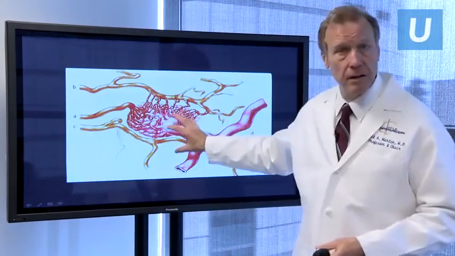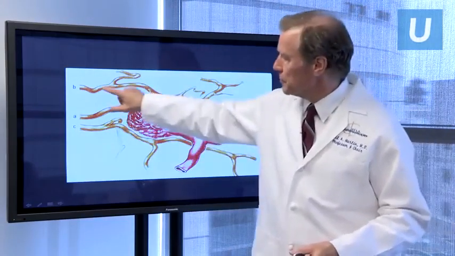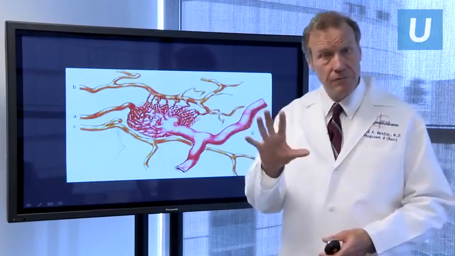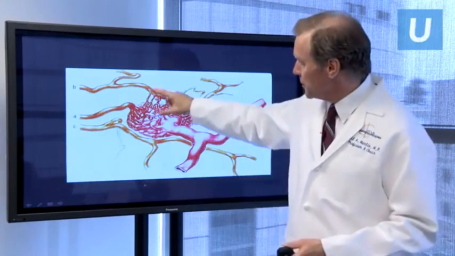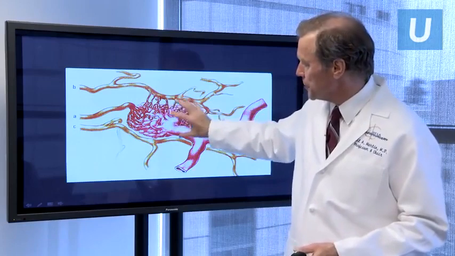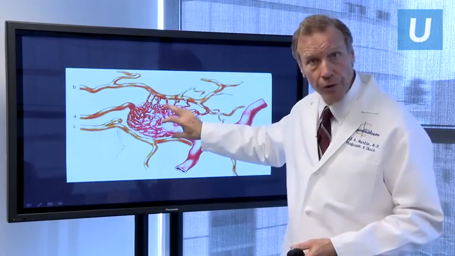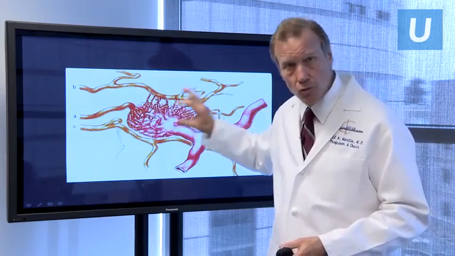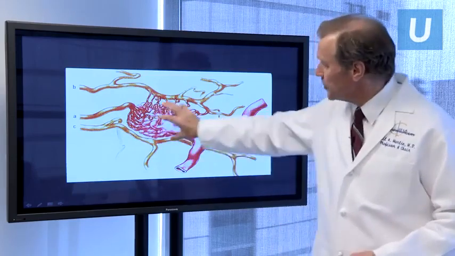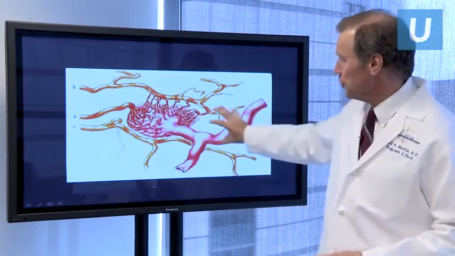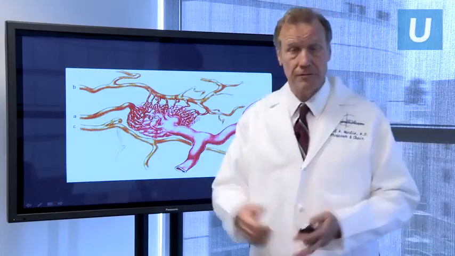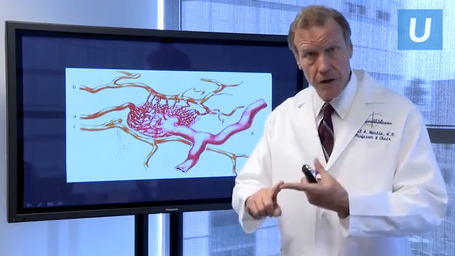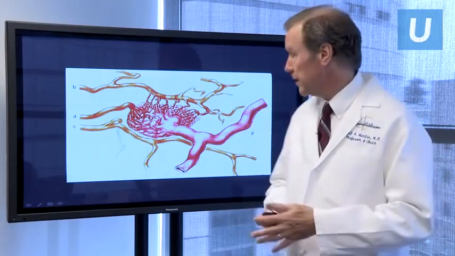Diagrammatically, this is what the AVM looks like. These are the arteries coming from the heart, the high pressure, high blood flow feeding arteries. They send small side branches into the AVM core or nidus, or they may dump circulation directly into the AVM, and then the blood flows out of the AVM through enlarged veins, the draining veins. So there are the feeding arteries, the nidus, and the draining vein.